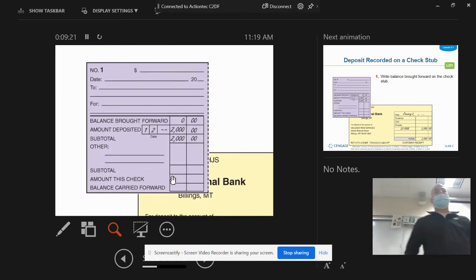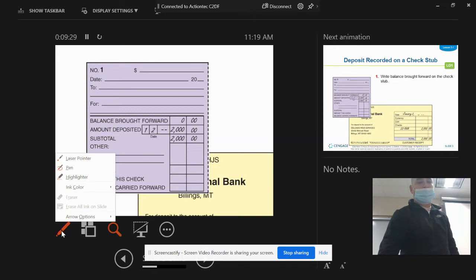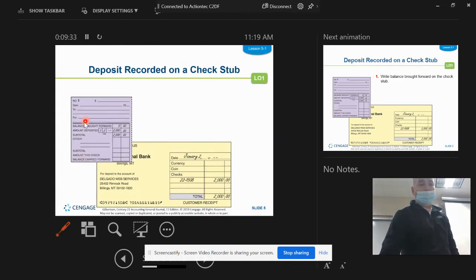So here, number one, if we are just filling out the deposit, you can see that right here in the middle, this is just for filling out the deposit. If you want to think of this check stub as three different sections, the top part would be if I'm writing a check.